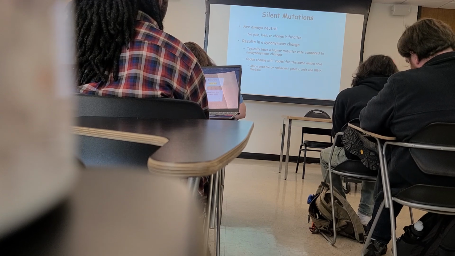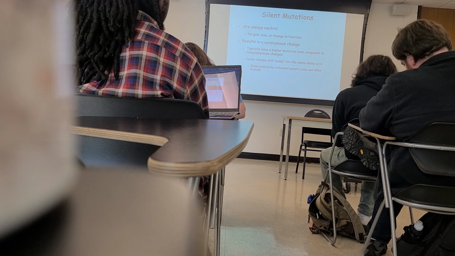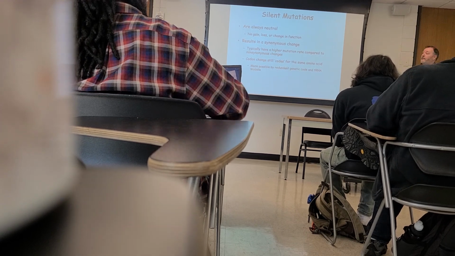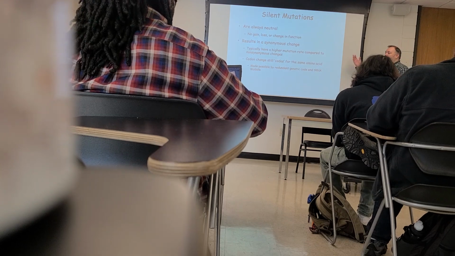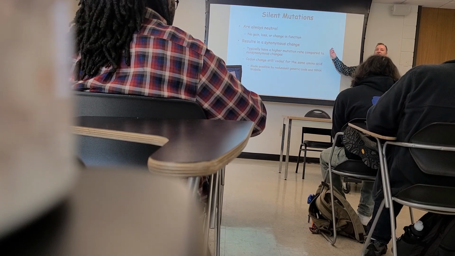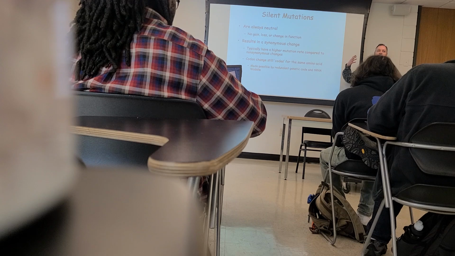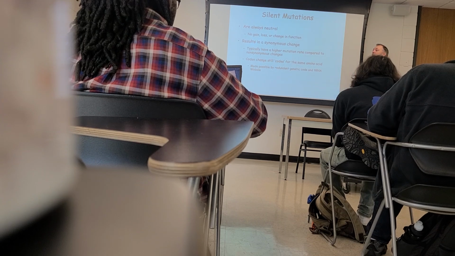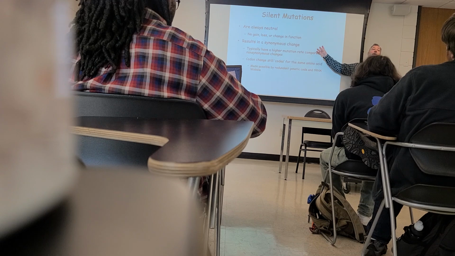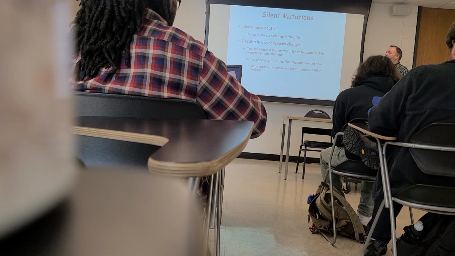And transitions are more likely to occur than transversions. Silent mutations are more likely to occur than the other mutations. We have a lot of things that contribute to keeping proteins being translated properly by pigeonholing us into these are the changes that are okay, and other changes are going to be bad, and that typically means cells function worse so they don't reproduce and don't survive.